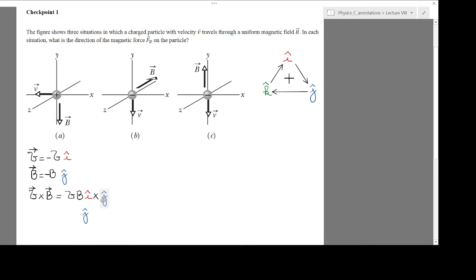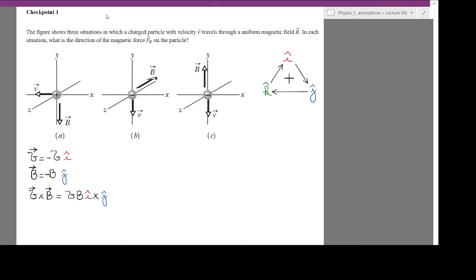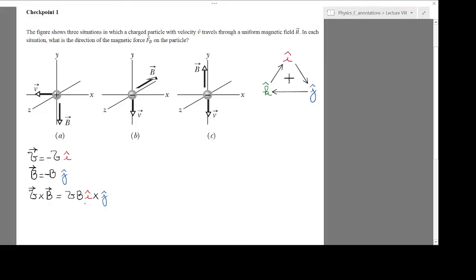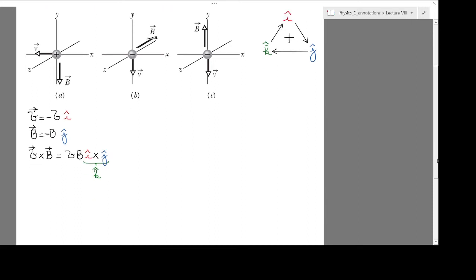vector product j, and according to our convention, if I'm multiplying in the clockwise direction, the result is going to be k hat, positive k hat.